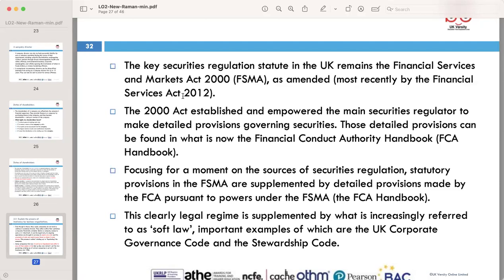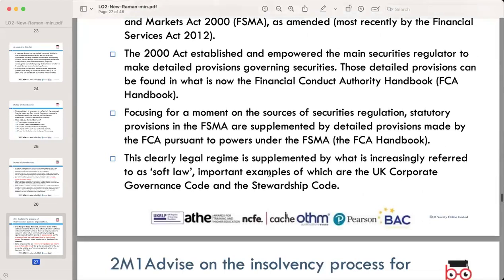The Financial Services and Markets Act 2000 imposes the primary securities regulations, with detailed provisions encapsulated in the Financial Conduct Authority Handbook. This regulatory framework is complemented by soft law exemplified by the UK Corporate Governance Code and the Stewardship Code.